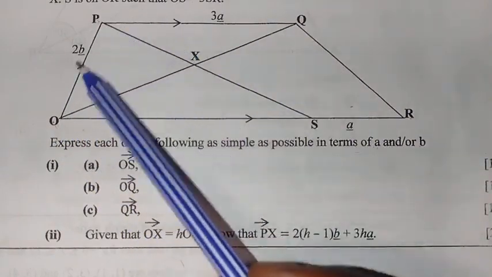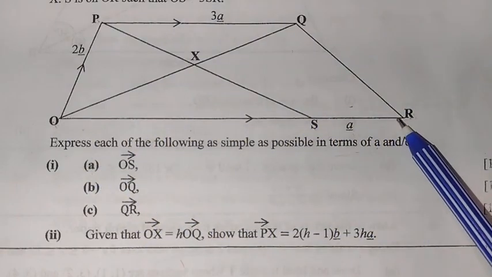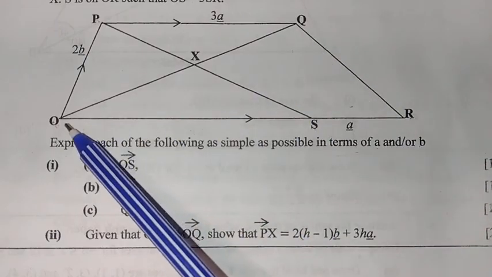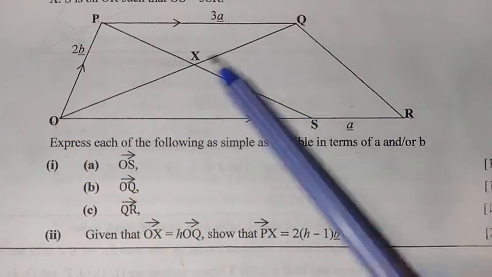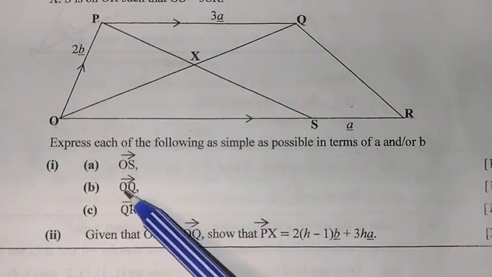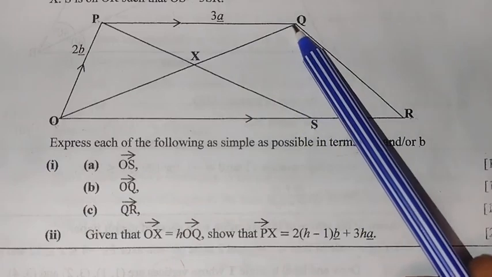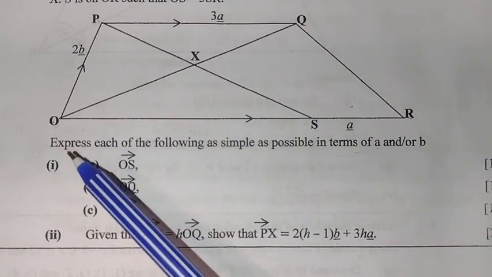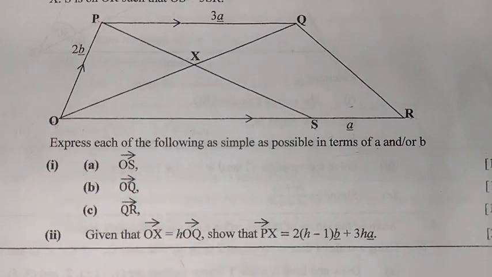Now this one is the longest movement, so better we move QO plus OR. Why are we saying QO? Because we have just found OQ. We know this OQ. If we move QO, it is just against the direction, but we use the same answer that we got.